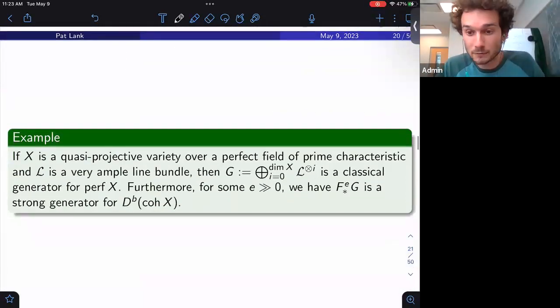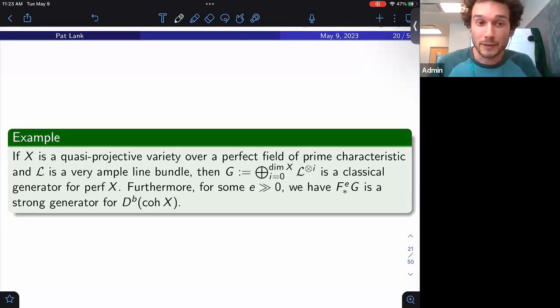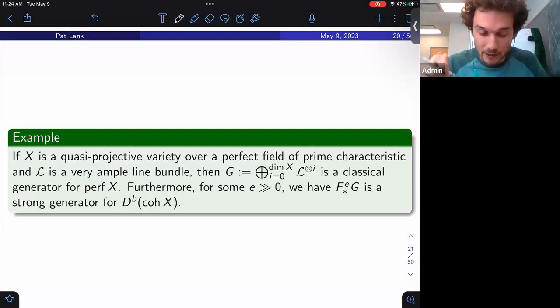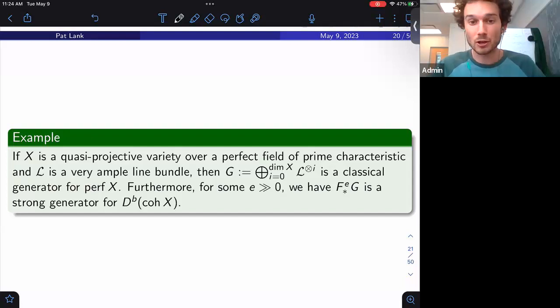So return back to the example that Orlov had given us. Take a quasi-projective variety over a field of prime characteristic. Let L be a very ample line bundle. We know that the direct sum of the tensor powers of L from 0 to the dimension is a classical generator for perfect complexes.